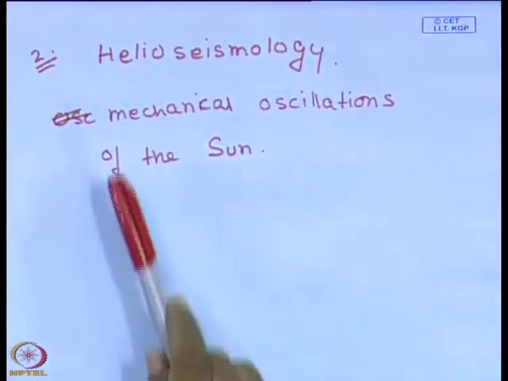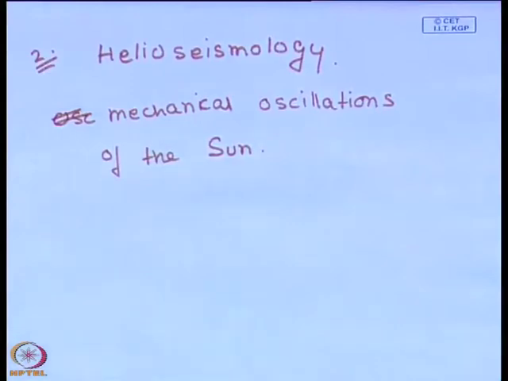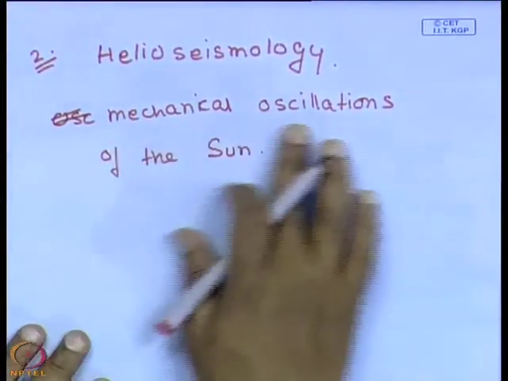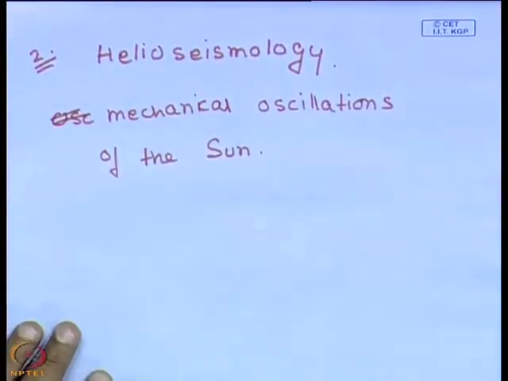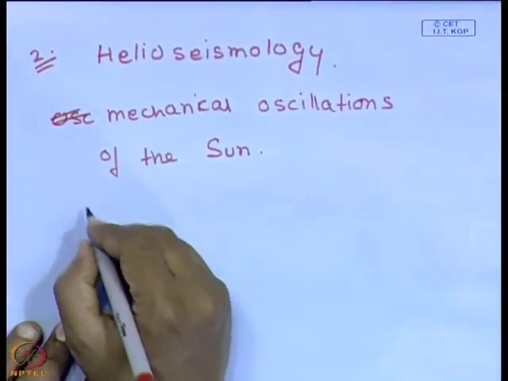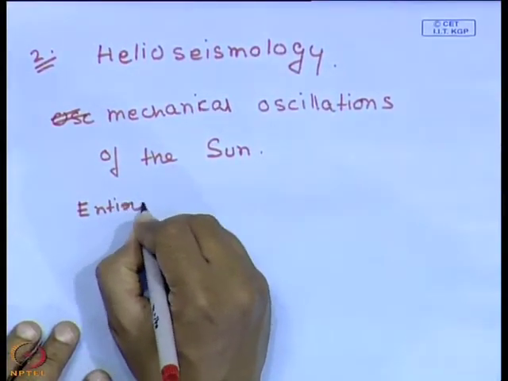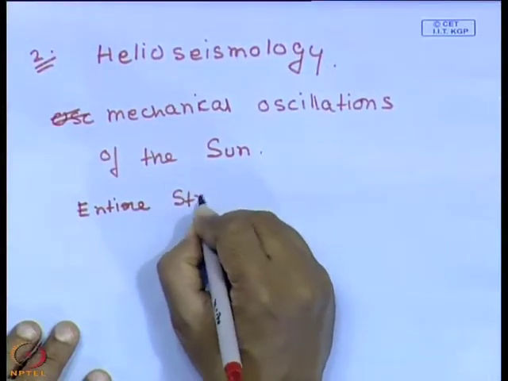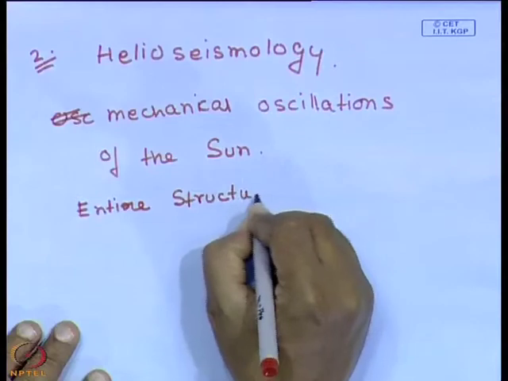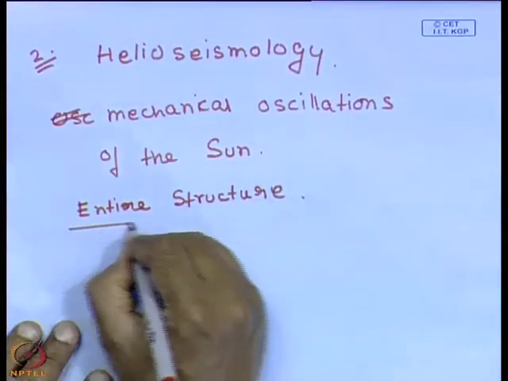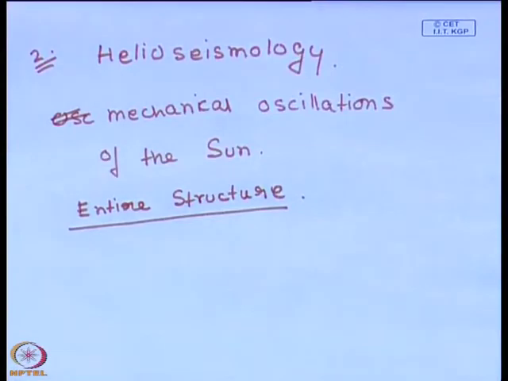There are all kinds of rocks, etc. So, it is easier to model mechanical oscillations of the sun, and the monitoring of such oscillations probes the interior of the sun. So, they essentially probe the entire structure of the sun, helioseismology.